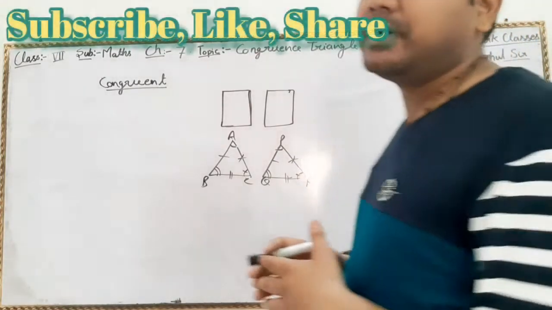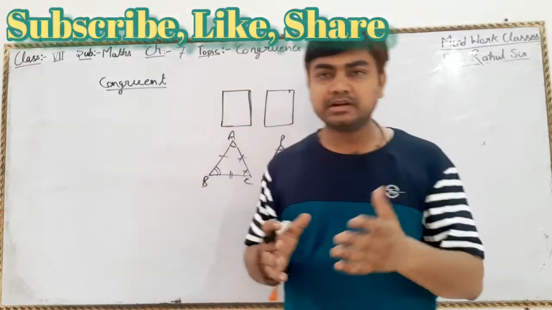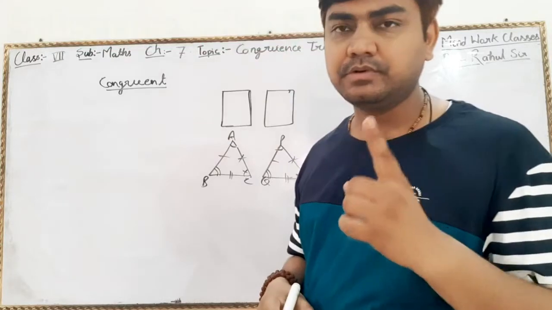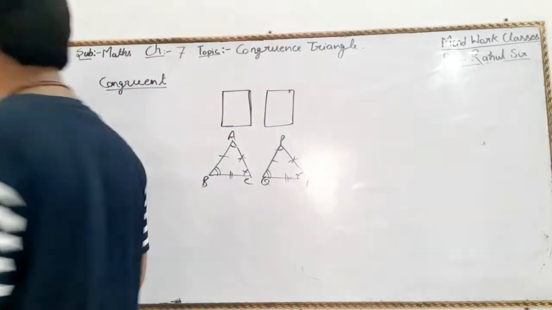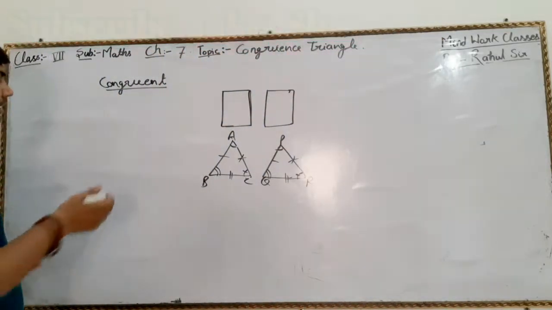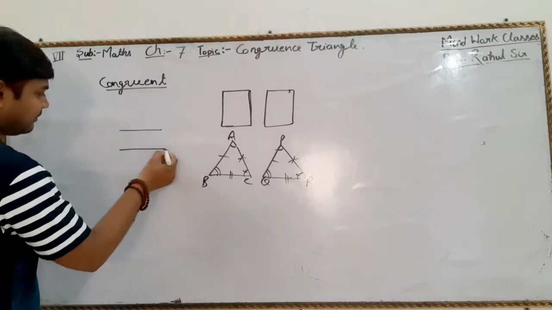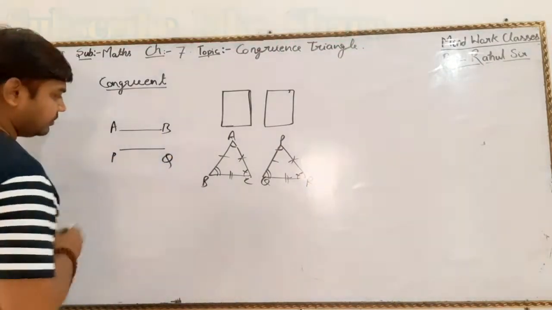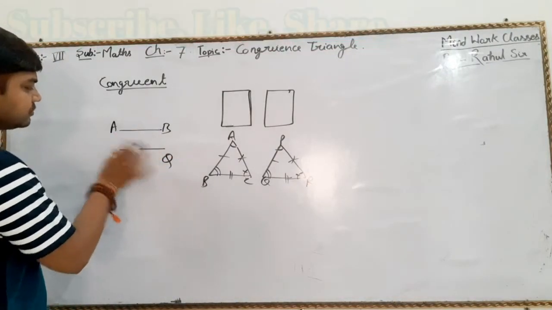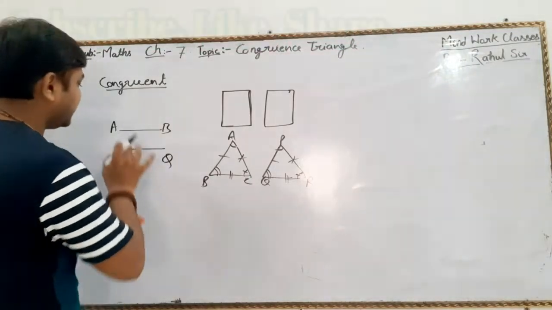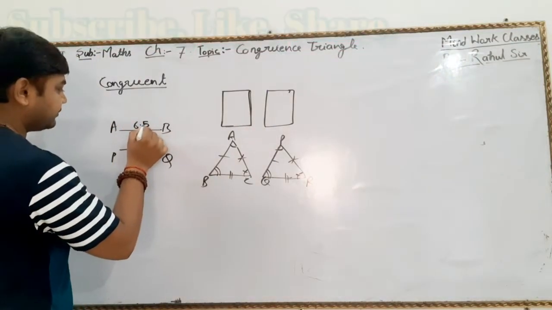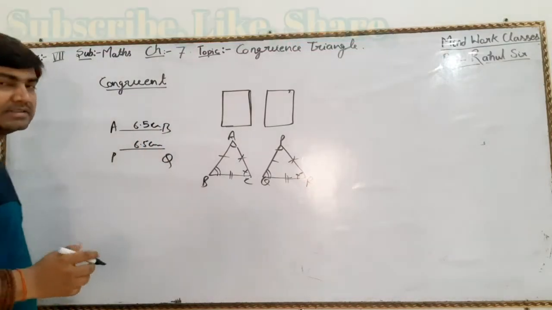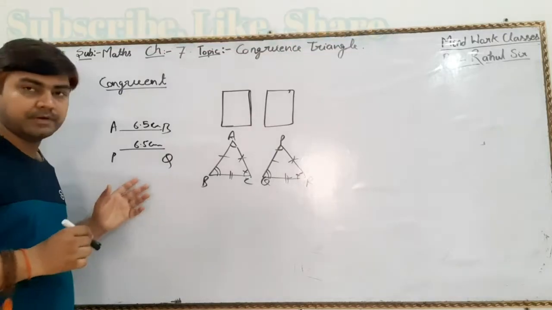We already understood what congruence is. Now for line segments, if we have two line segments like AB and PQ, and the lengths of these two line segments are exactly the same, let us say this is 6.5 centimeters and this is also 6.5 centimeters, then these two lines are congruent.